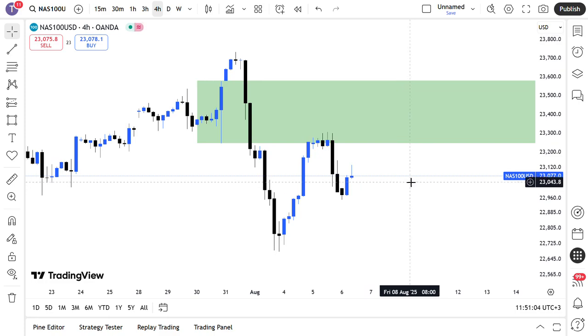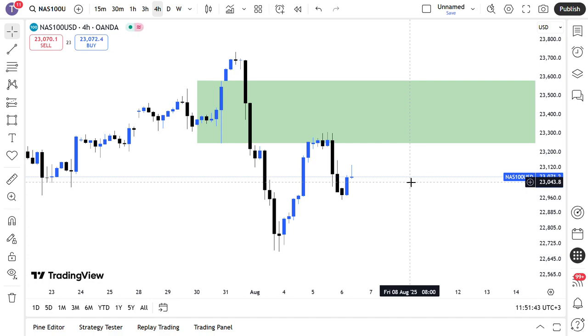Before I continue, someone from the mentorship program asked me a question: what is the essence of doing a top-down analysis from the higher time frame to the lower time frame? Doing a top-down analysis helps you to understand what the market is trying to do. Then you drop down into the lower time frame to look for trades in that same trend, or the bias that the higher time frame is giving you.